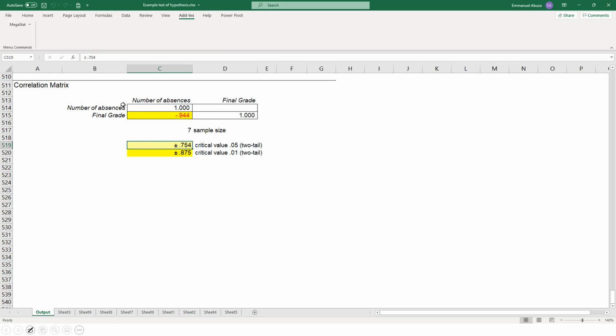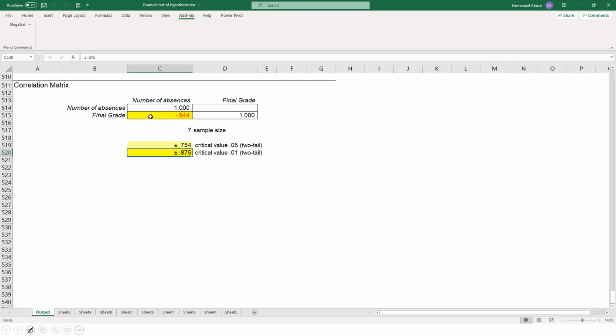But if the color of the cell is golden yellow, then it is significant at 0.01. So if the cell has a shade of yellow, then we are going to reject the null hypothesis.